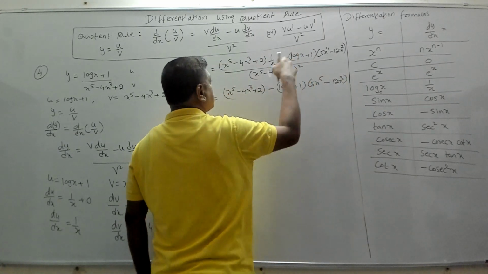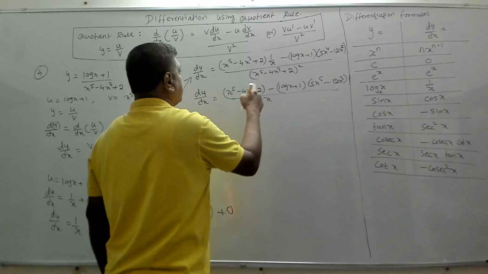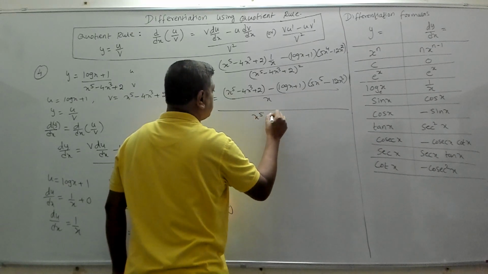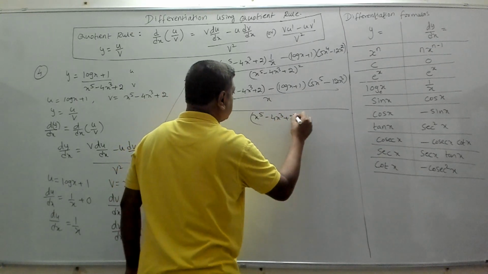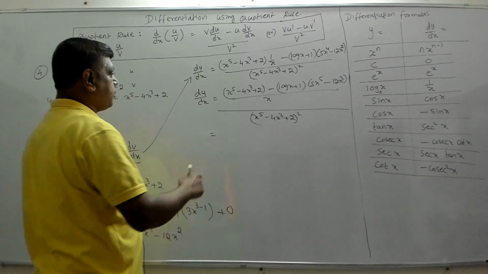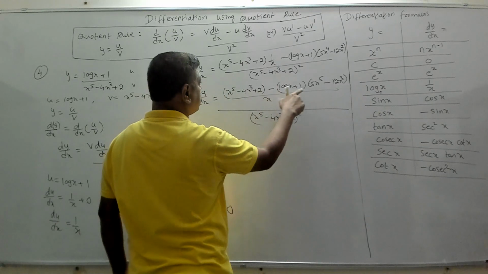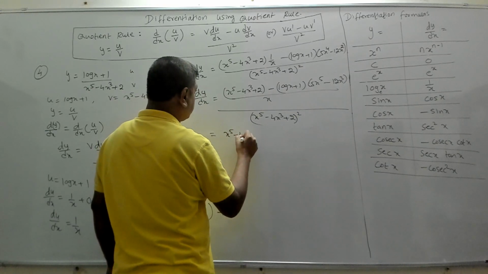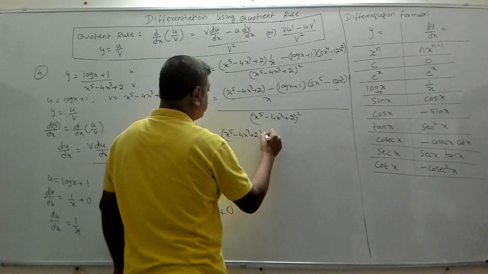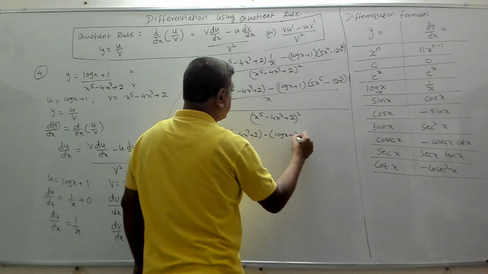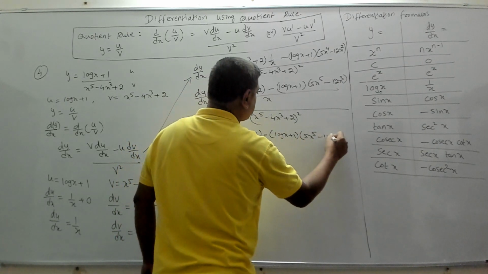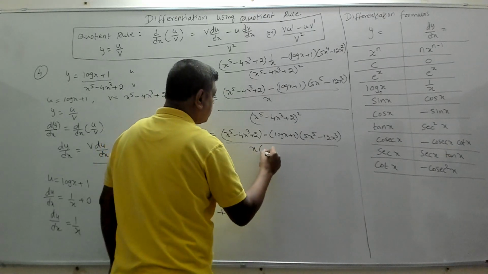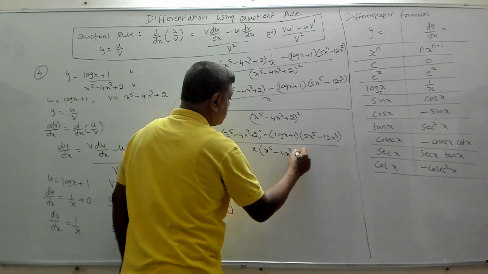I am multiplying this x with this fraction, subtraction, then the whole divided by x power 5 minus 4x cube plus 2 the whole square. Now if you simplify this further, we write that as it is, so it will become x power 5 minus 4x cube plus 2 minus log x plus 1 into 5x power 5 minus 12x cube, whole divided by x into x power 5 minus 4x cube plus 2 the whole square.